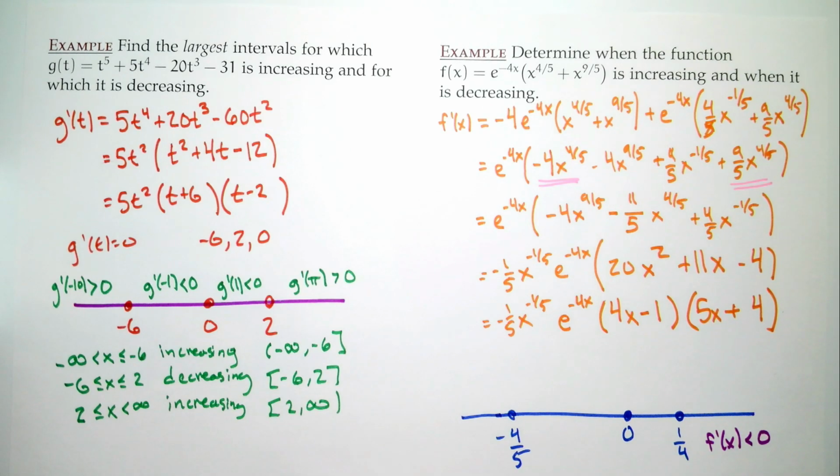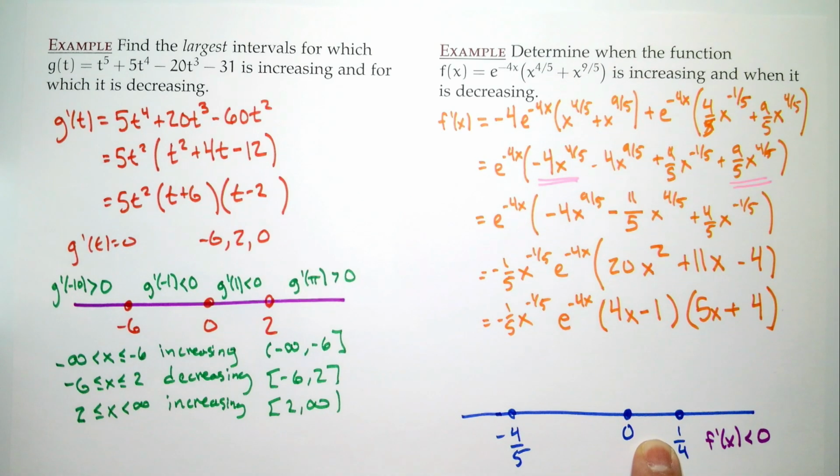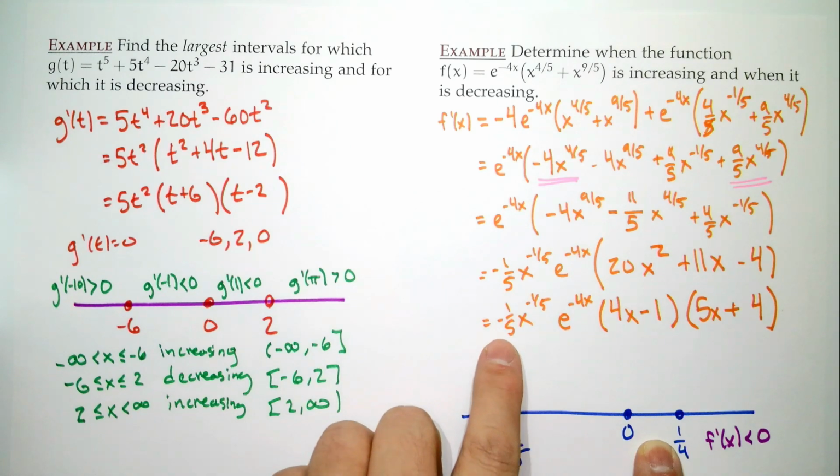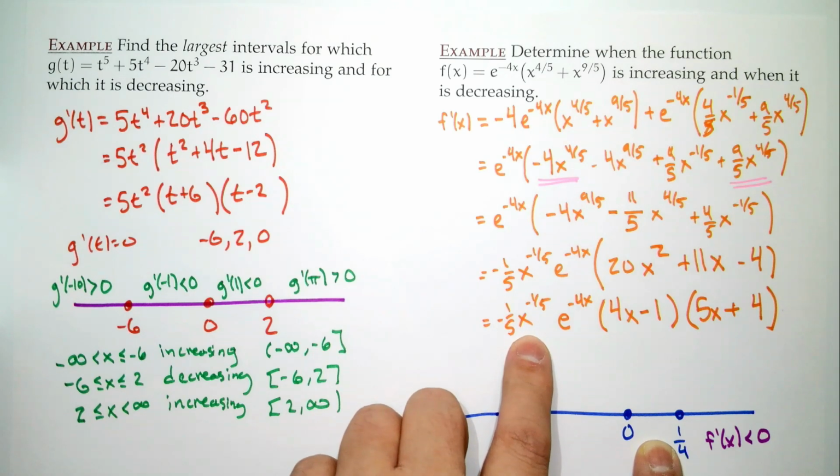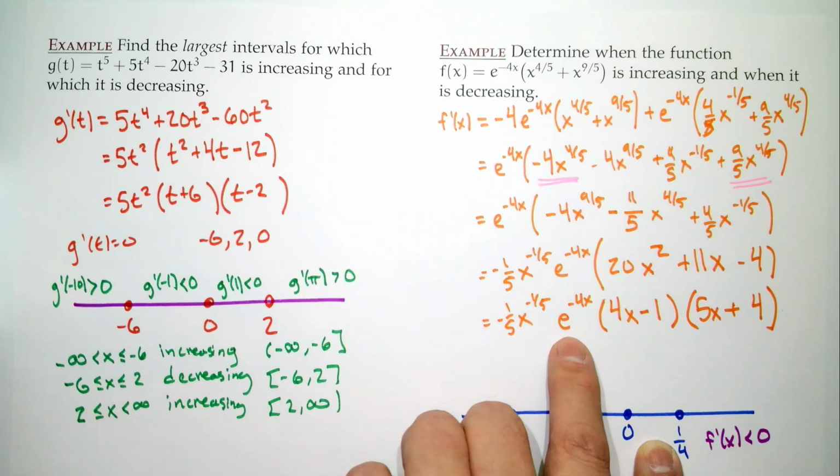All right, now, between 0 and 1/4. Now the nice thing is, remember, we don't have to know the value, we just have to know the sign. So if you're like, I actually have to evaluate it at 1/8, I don't. I just have to know enough to figure out the sign. So let's go work through the sign. The negative, we'll make it a negative there. If I take 1/8 to the negative 1/5 power, is that positive or negative? Positive.